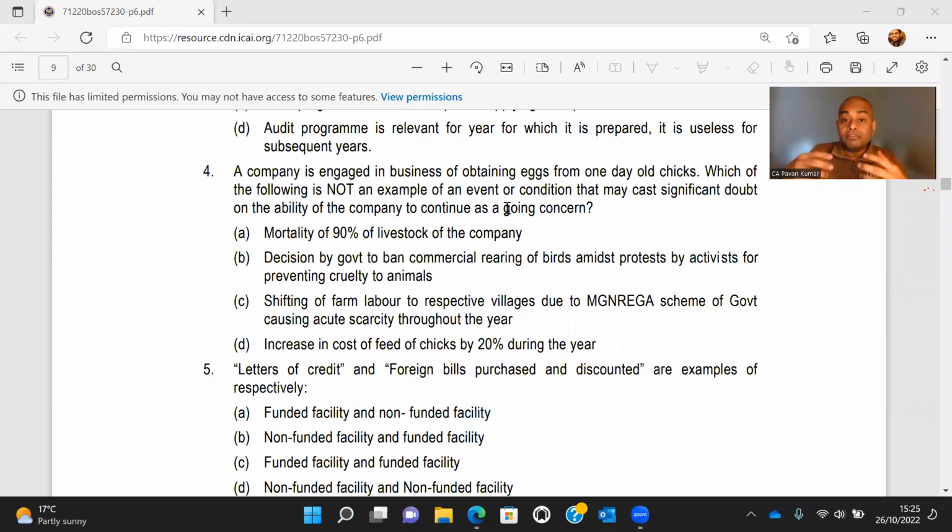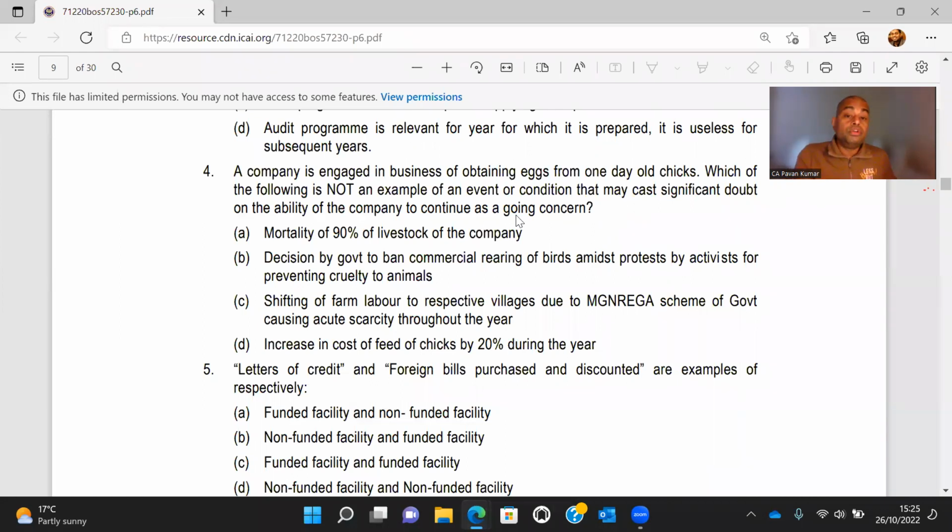Now, while performing the audit, you are looking at going concern assumption. So do you need to check the going concern assumption? The answer is yes. Management has to look at the going concern assumption and you need to verify whether management's evaluation of going concern is appropriate or not. Is it SA 570, guys? Going concern assumption is which standard? 570. Obviously.